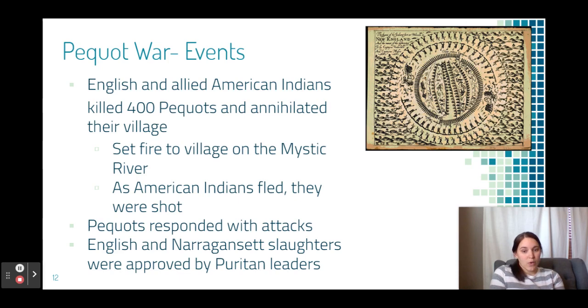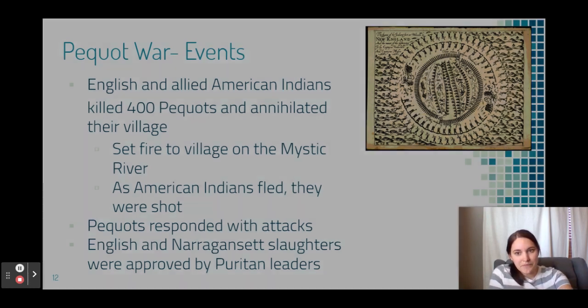And so other Pequots then responded with attacks on English settlements, and really the slaughters that ensued were approved by Puritan leaders, thinking that they would say things like God had approved for them to do this because they deserved the land, because of their hard work and their piety.